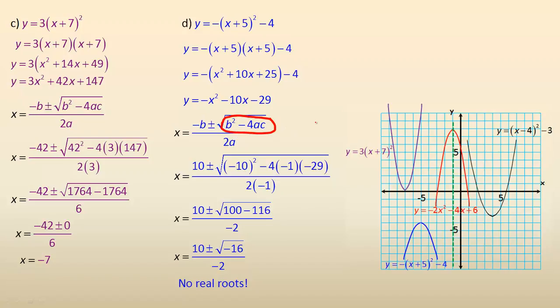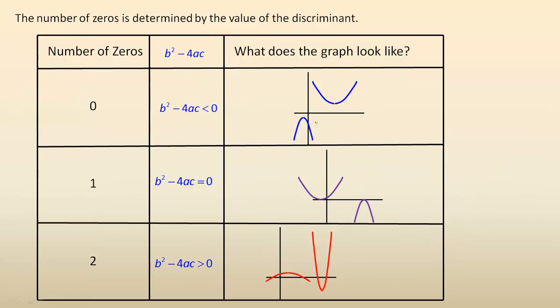And discriminant means it discriminates between having no roots, 1 root, or 2 roots. That's why it's called the discriminant. It isn't a negative term, because we often think of things like to discriminate as a negative thing, which it certainly is if you're discriminating against someone. But in this context, it just means it chooses between having no roots, 1 root, or 2 roots.